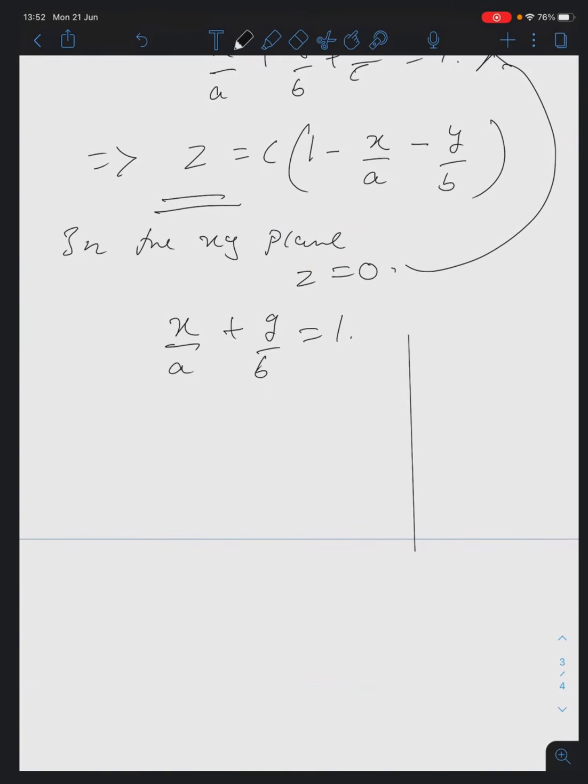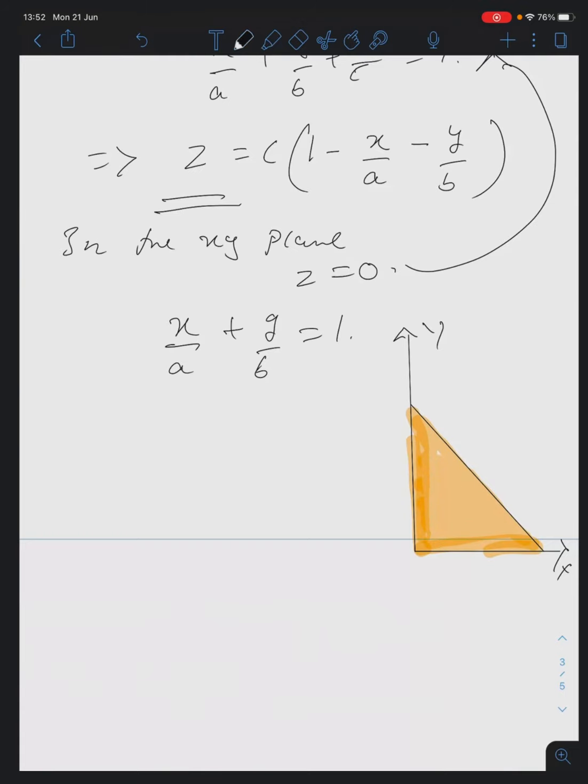If this is your x-axis and this is your y-axis, do you have a triangle or not? Something like this. Are you able to follow what I'm saying? If you are not able to understand that part, just draw that part in this manner, in 2D itself.